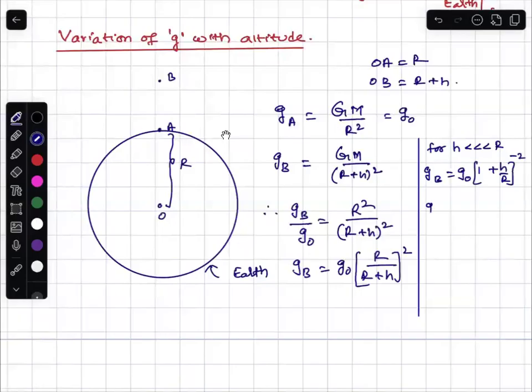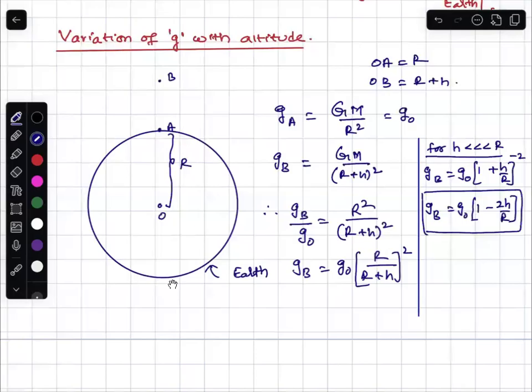And this will become, according to binomial expansion, 1 minus 2H by R. Right. So therefore, with altitude, definitely g decreases. And you need to use this formula only for H very small when compared to R.